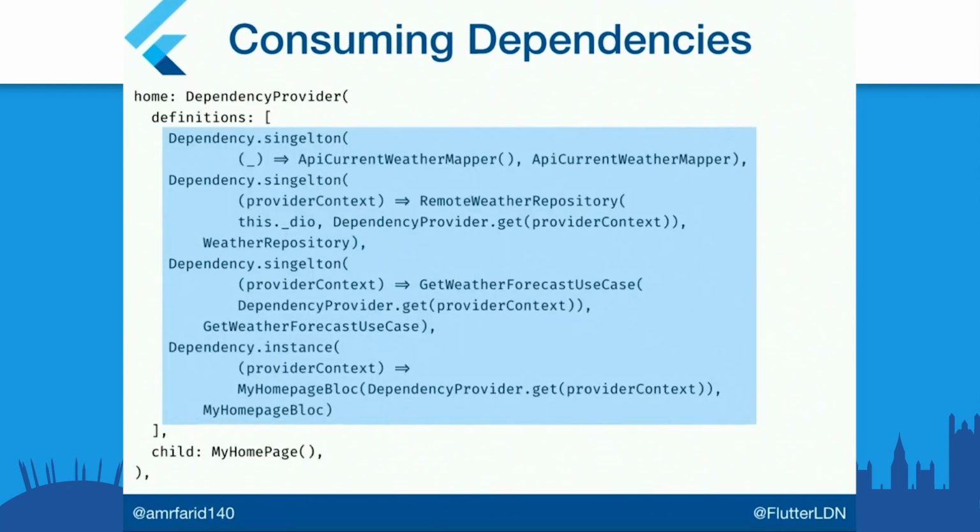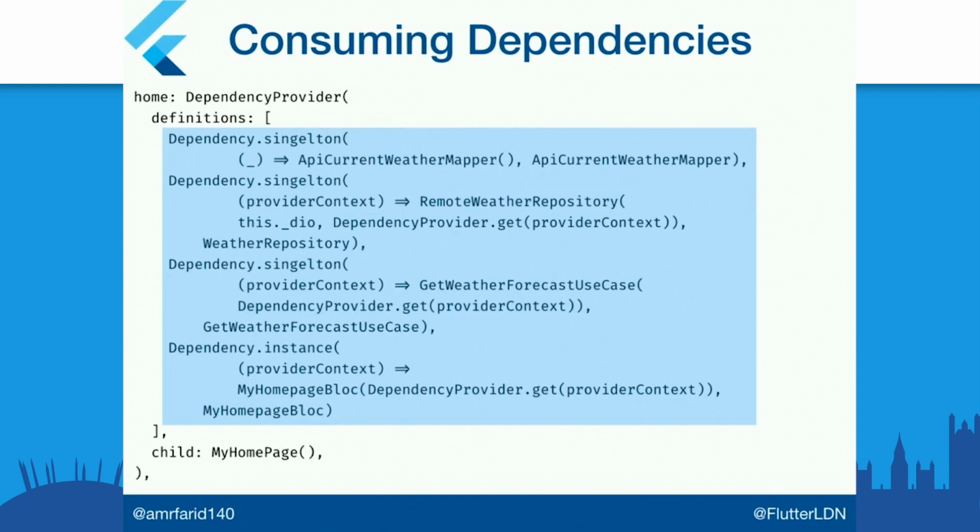And if I look at the definitions, it's a bit cumbersome to read, but basically you have the widget dependency providers that have a child of your home page, or your view or your widget, and you have a list of definitions. So basically every dependency you want to provide.